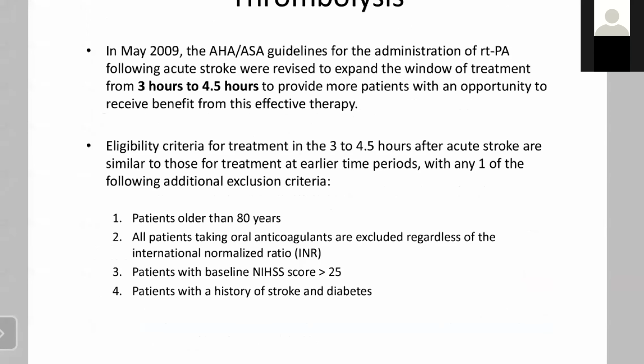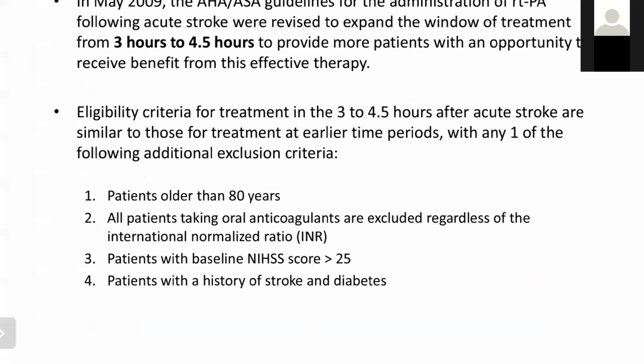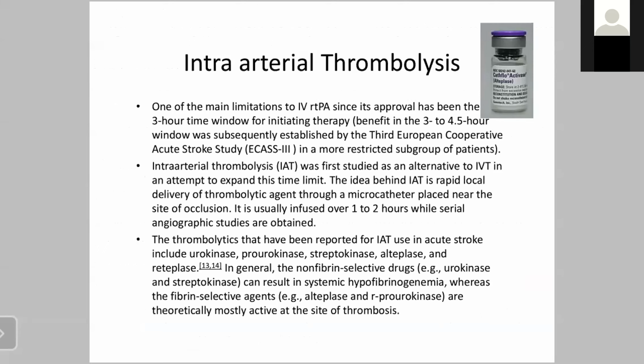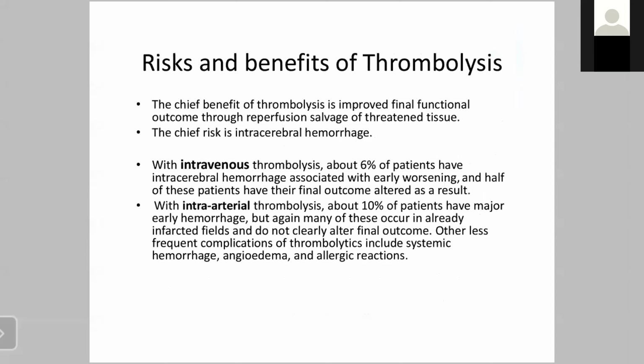This thrombolysis therapy can be given intra-arterially, and risks and benefits of thrombolysis with intravenous therapy have been associated with early worsening, and half of these outcomes were altered as a result. With intra-arterial thrombolysis, about 10% of patients have major early hemorrhage, but again, many of these occur in already infarcted areas and do not clearly alter final outcome. Complications of thrombolytics include systemic hemorrhage, angioedema, and allergic reactions.